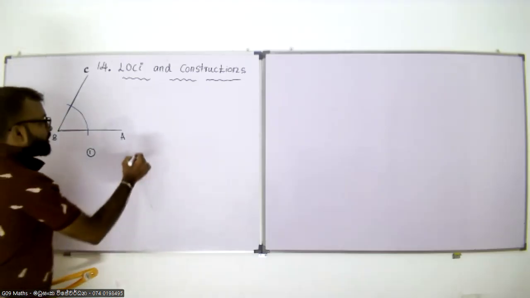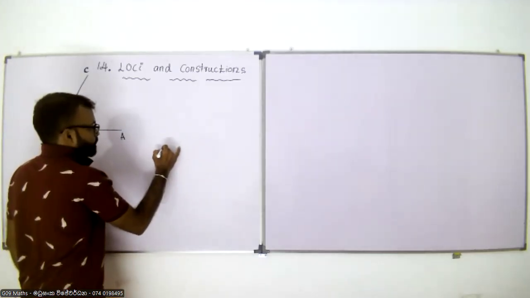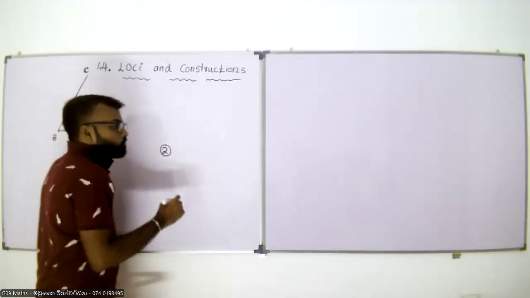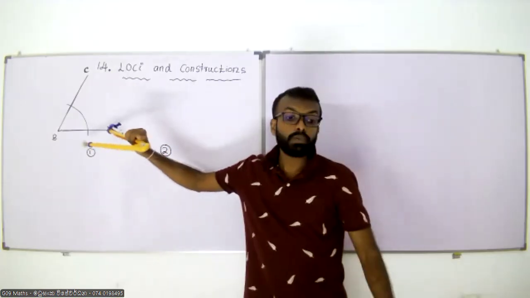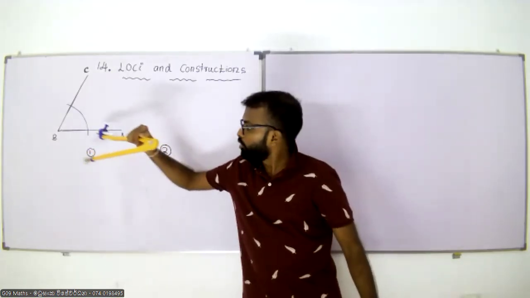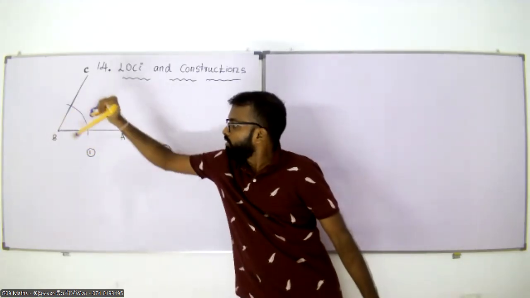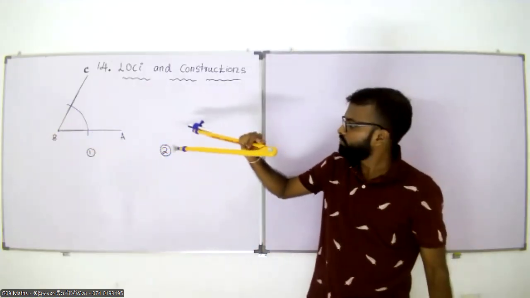And the second step. In the second step, do the same step until here. Draw these two lines and draw this arc.